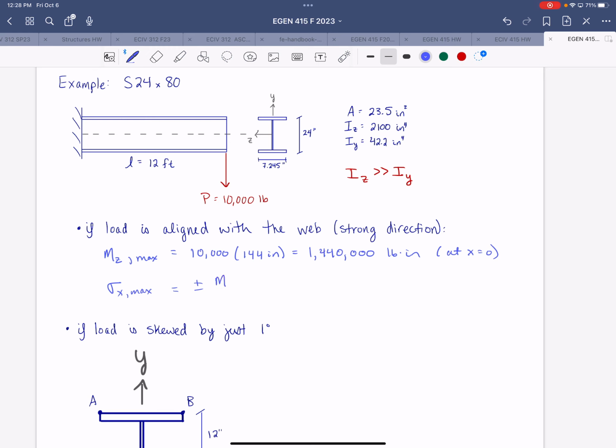So that'll be plus or minus Mz times y over Iz, which will be plus or minus 144 times 10 to the 4th pound-inches times, let's see, since the depth is 24 inches, that maximum distance y to the extreme fiber will be 12 inches.